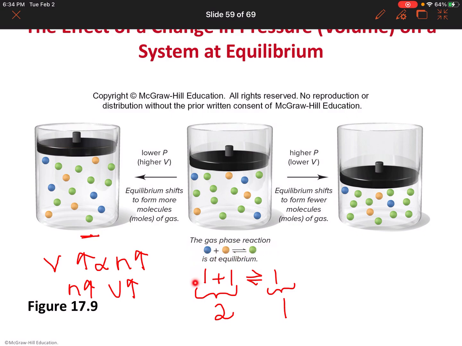To the left, right? Because reacting more of the products to give you 2 moles of your reactants will increase the number of moles, and because we have increased the volume. So equilibrium shifts to form more molecules of gas. So it goes in the reverse direction, making more of the reactants, at lower pressure. Okay, you can even count the number of blue and yellow ones. So 3 here, 3 here.